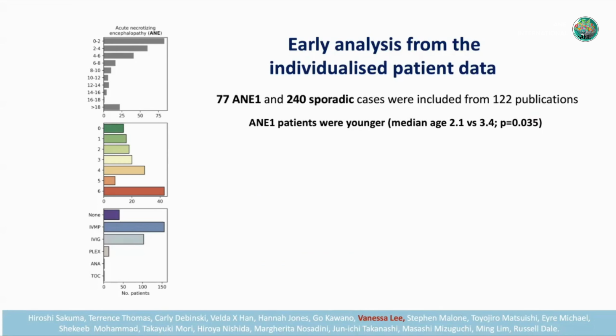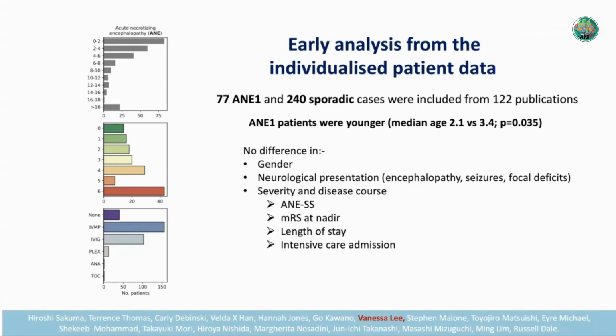We know that they are younger. But like what Anne showed, there wasn't very much difference in how the patients presented, in severity, length of stay, interventions, and intensive care interventions. We might have to rethink a little how we define that, but I'm going to leave that to the discussion.